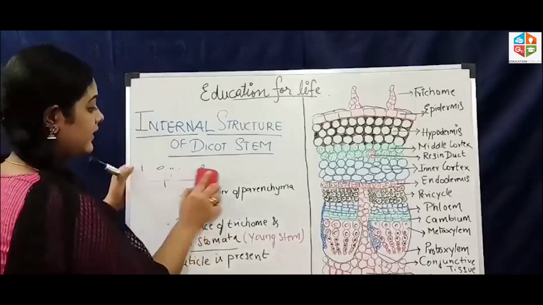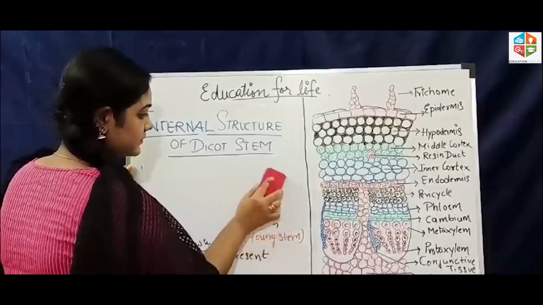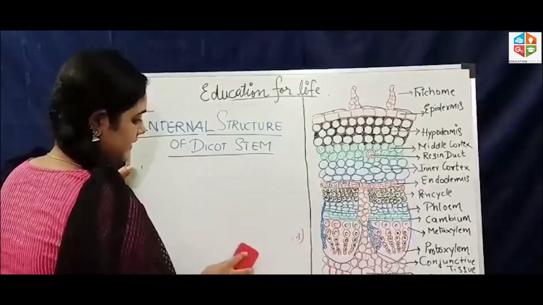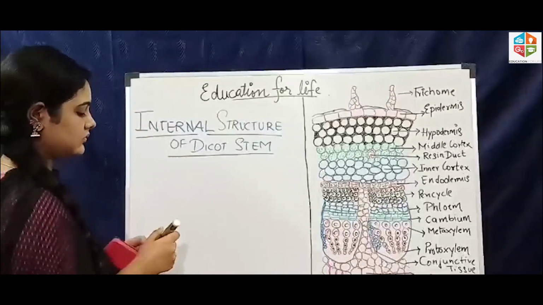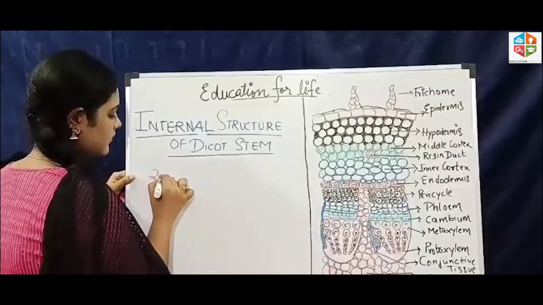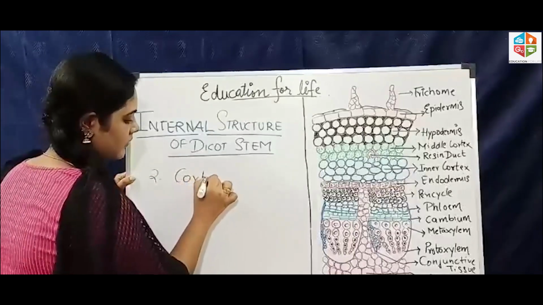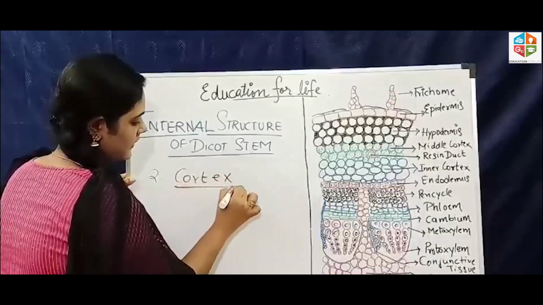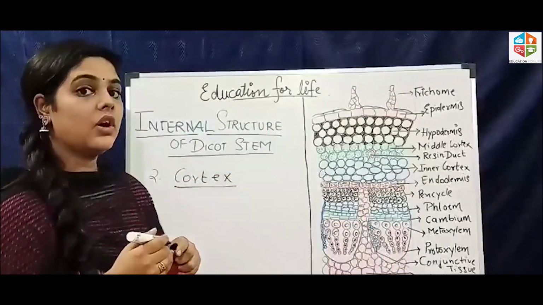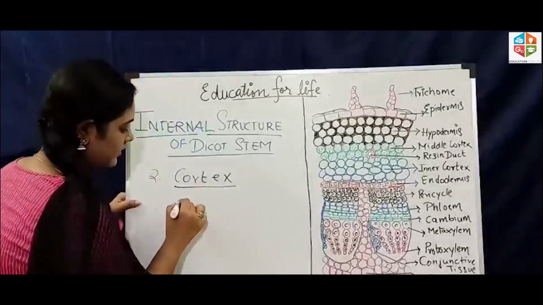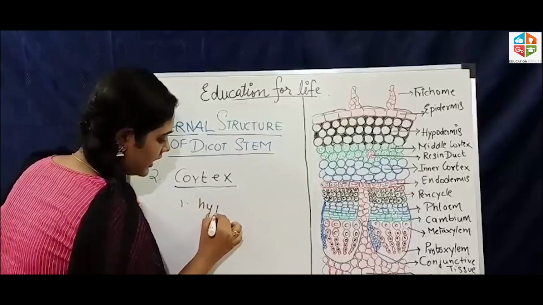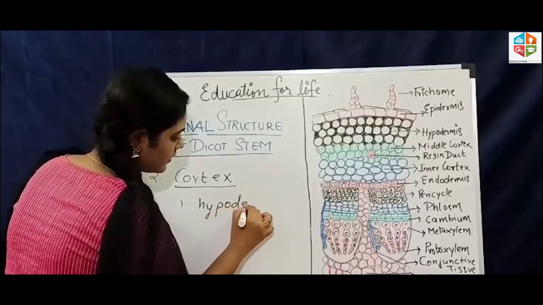The second layer is the cortex. In stem, the cortex is differentiated into 3 layers. The first one is the hypodermis.